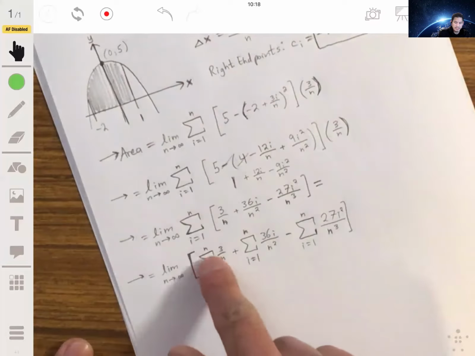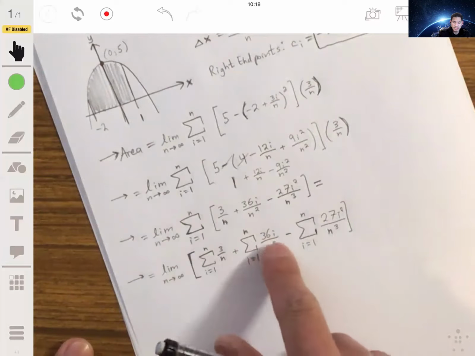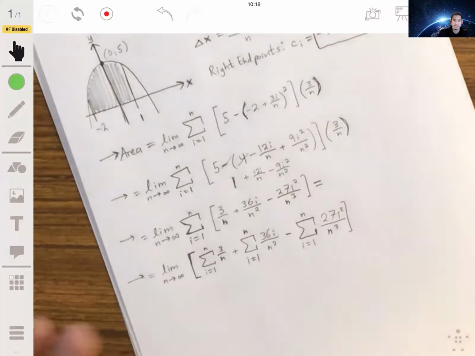And so then we're going to basically break these up by using formulas and algebra, of course.